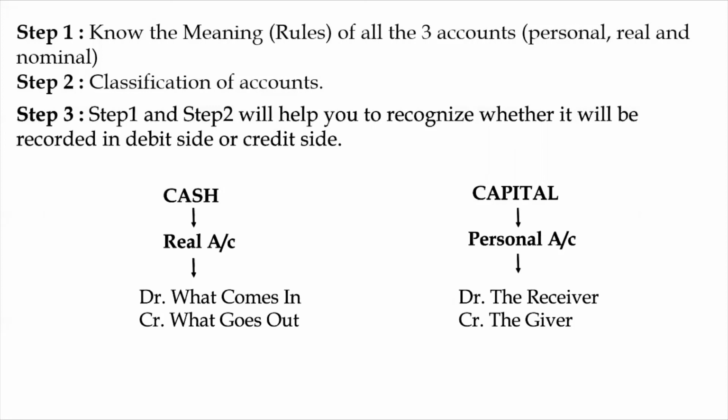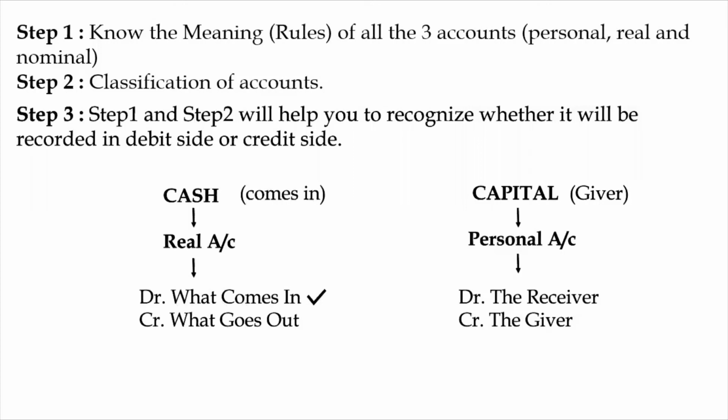In business, cash is coming in. Likewise, capital account is what? It is an owner's account. So the owner is giving cash to the business. So the owner is the giver. Now, the cash that comes in, we will record on the debit side as per this rule. This rule says that debit what comes in, and here cash is coming in. So we will record it on the debit side.